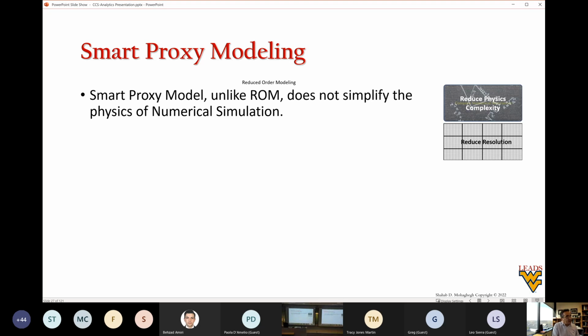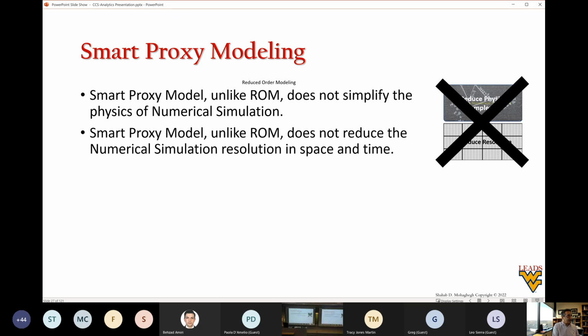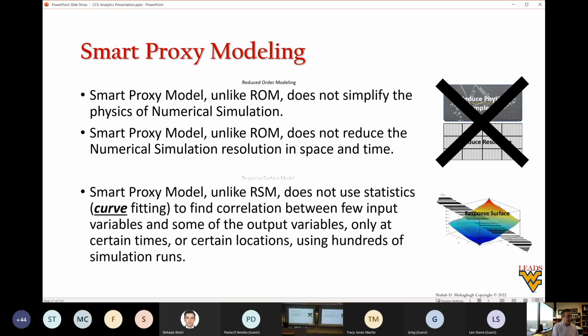So very quickly, smart proxy, unlike reduced order model, does not simplify the physics of the numerical simulation. Smart proxy model, unlike ROM, does not reduce the numerical simulation resolution in space and time. And when it comes to response surface model, smart proxy, unlike RSM, does not use statistics. That is a very key word, folks.